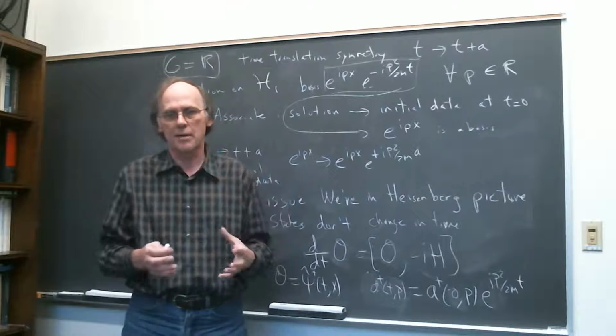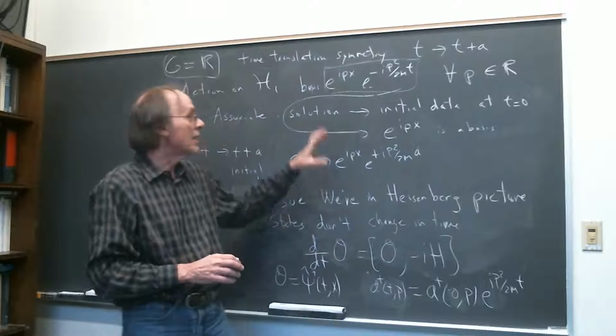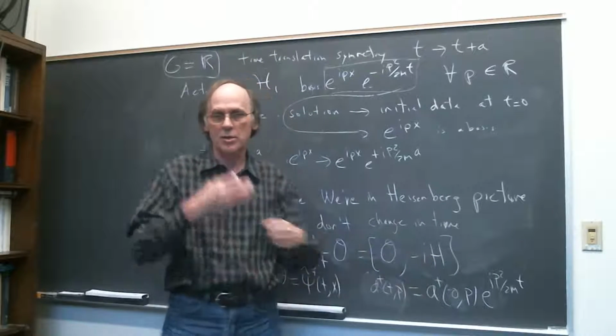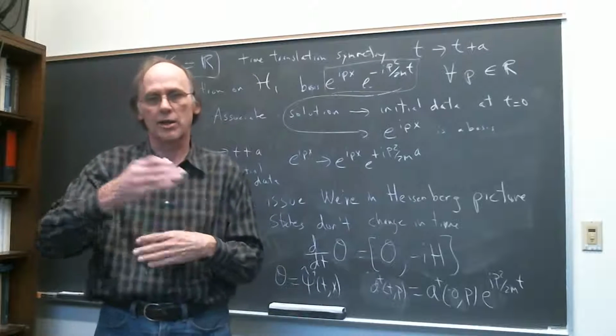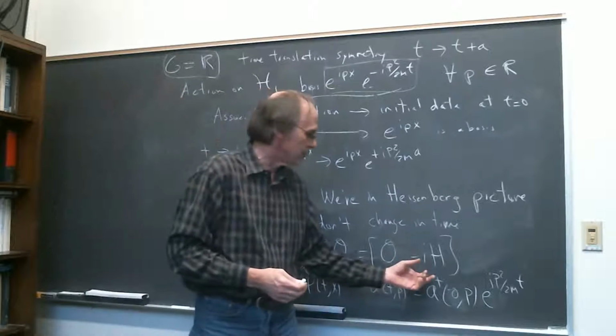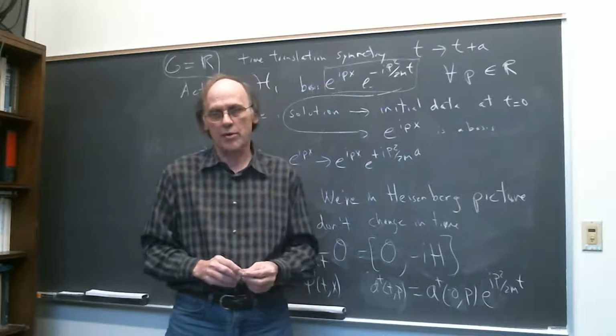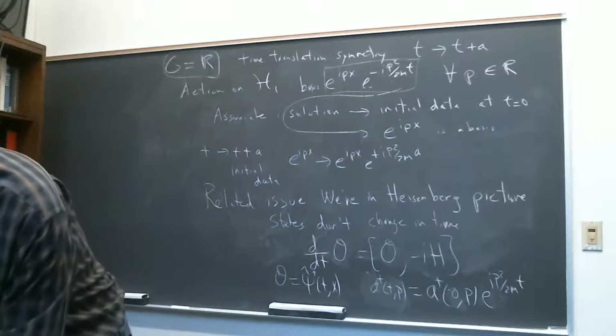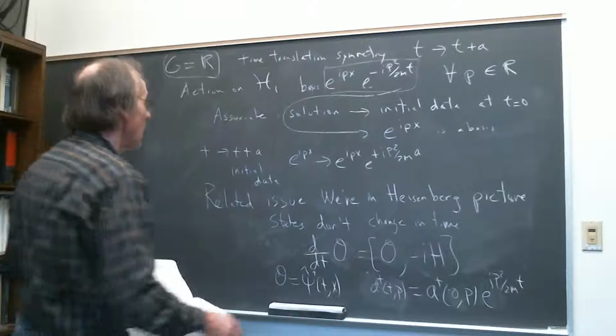Somebody in some sense determines the theory by specifying what the Hamiltonian operator is, which is going to tell you how you're going to move in time. And if it's a free particle theory, then the Hamiltonian operator is just going to be this quadratic thing. And let me go over that again.